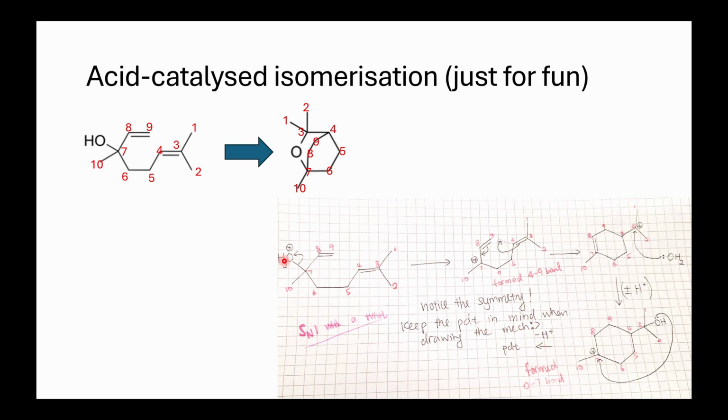It's the hydrogen ion, and it is catalyzed by that. This is an isomerization because the starting and ending compounds are isomers of each other, and that's why we know nothing is going to go into it.